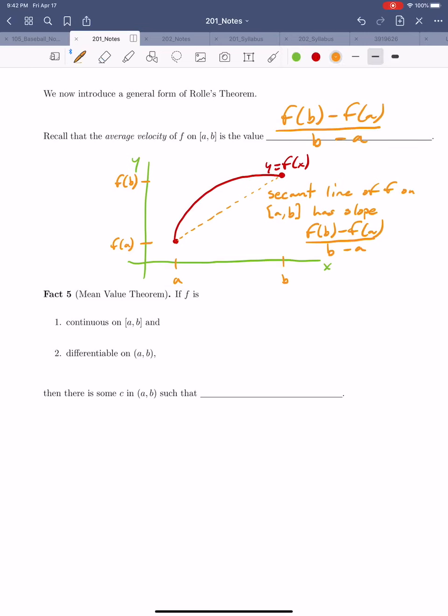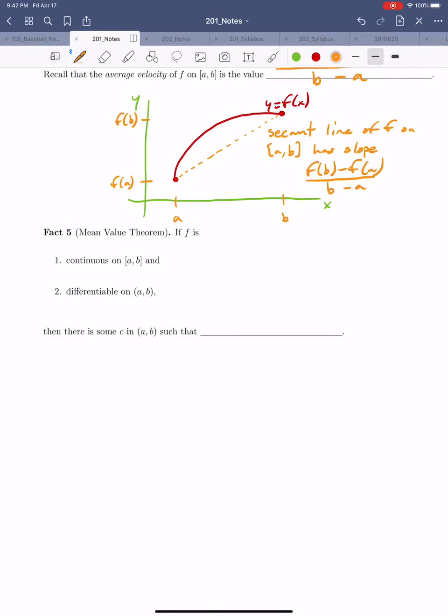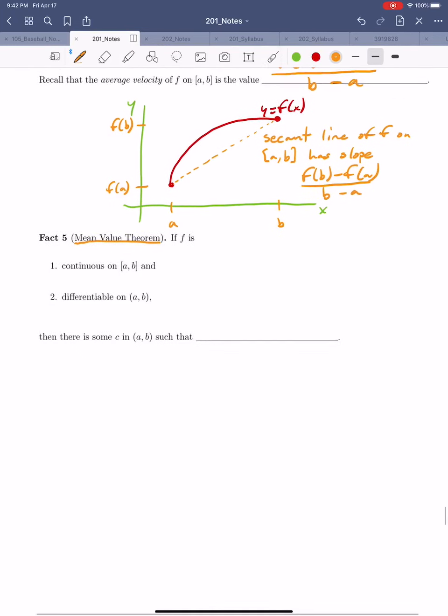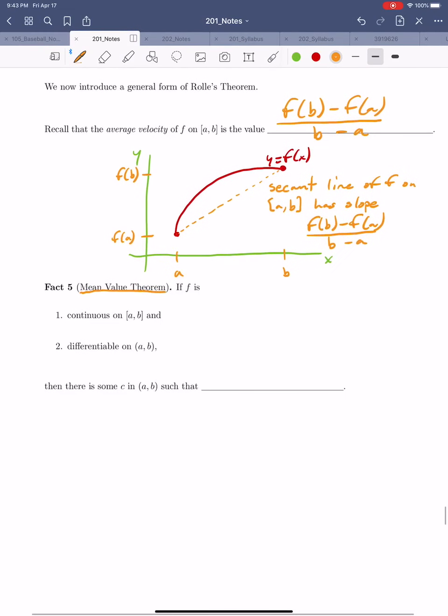So what we're going to do is cite the mean value theorem. This is a theorem whose statement and name you need to know. And it's going to tell us something about a function and its derivative and relate it to the average velocity of the function on the interval a to b.